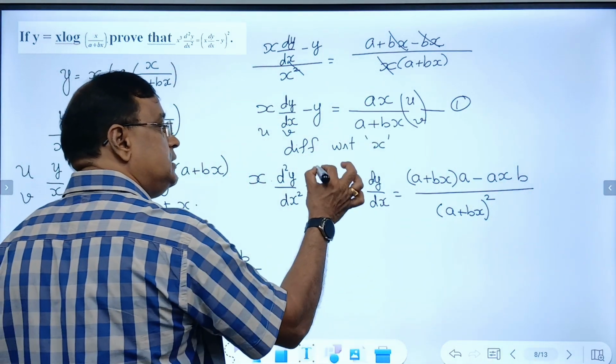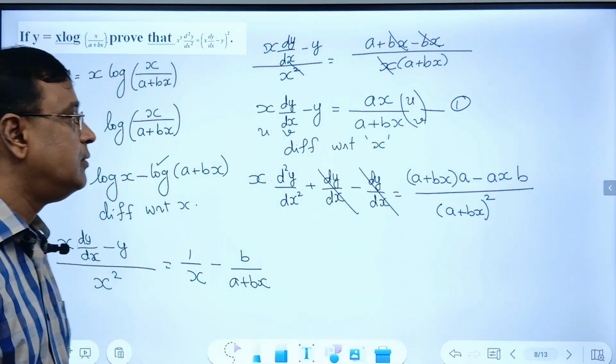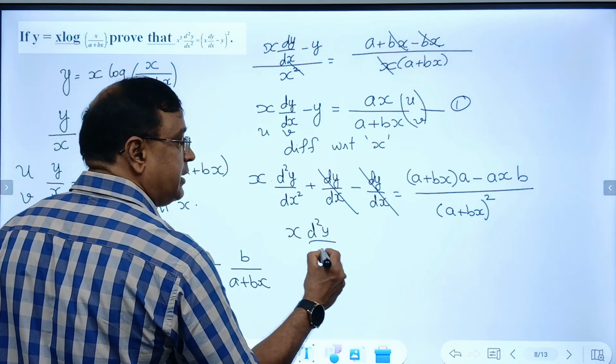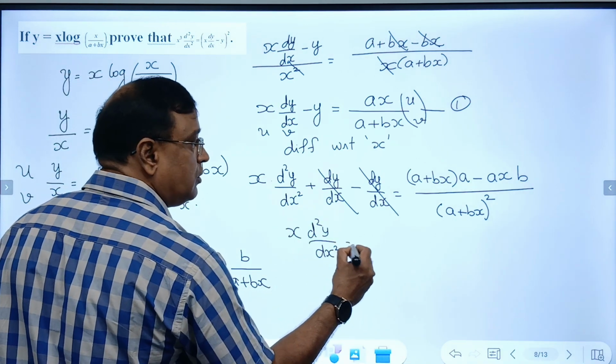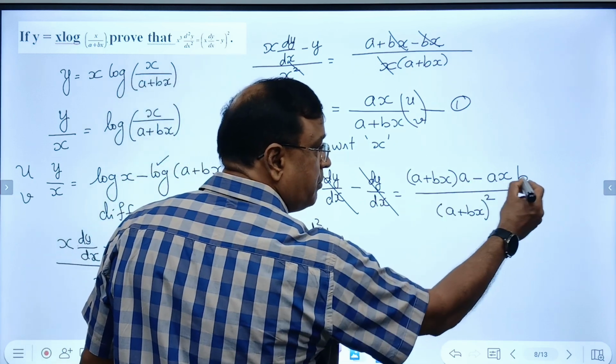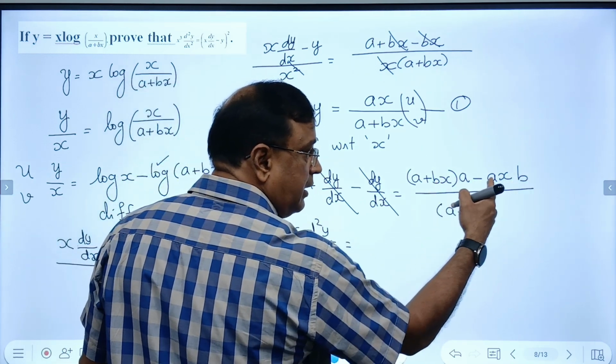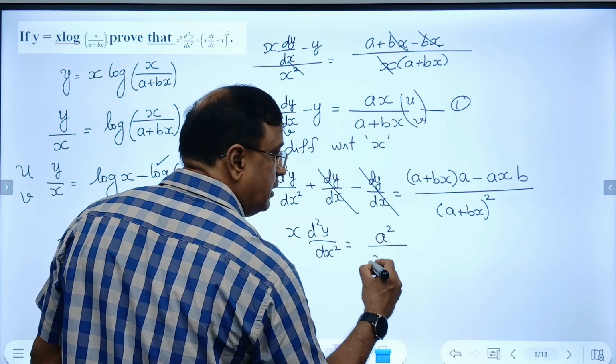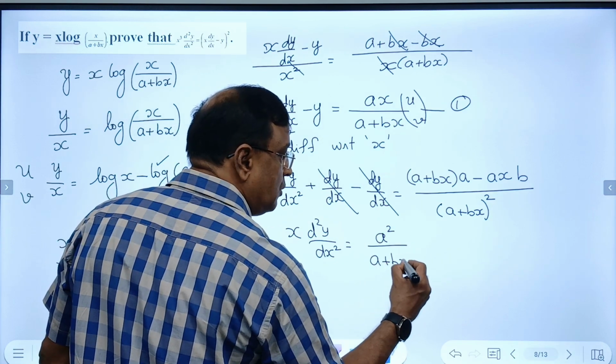Now clearly you can see these two get cancelled. Now you have got x into d square y by dx square equal to, if you simplify this and open the bracket, bxa gets cancelled. So you are left with a square by (a plus bx) the whole square.